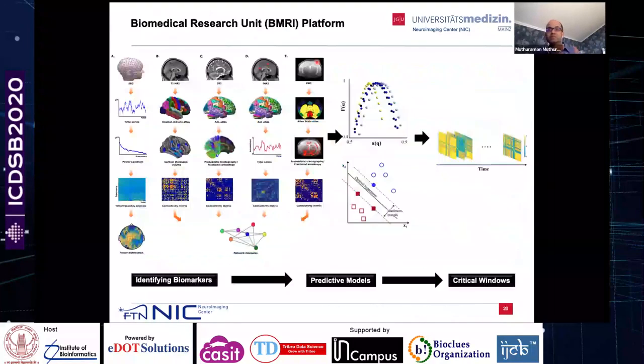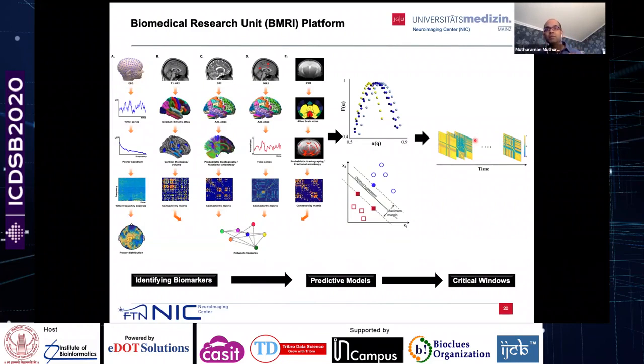And using the next 3 slides, I just show what we are doing in our unit. So this is what we are trying to do. We use all these different modalities. We bring that to a network perspective. And we also use, for example, mouse data. And then what we want to do is build predictive models and then think about critical time windows where a therapy would be useful.